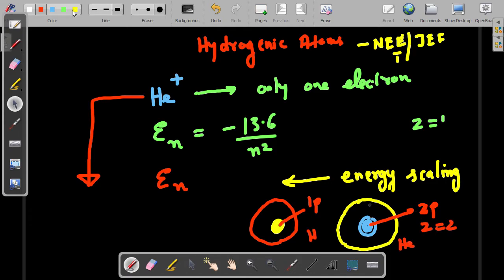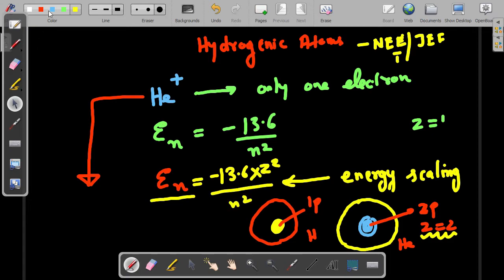Now this Z which gets introduced, the energy needs to be scaled, which means the energy when it's a hydrogen-like atom is given by minus 13.6 into Z square upon n square. So you get a multiple of Z square, which is not present in hydrogen.